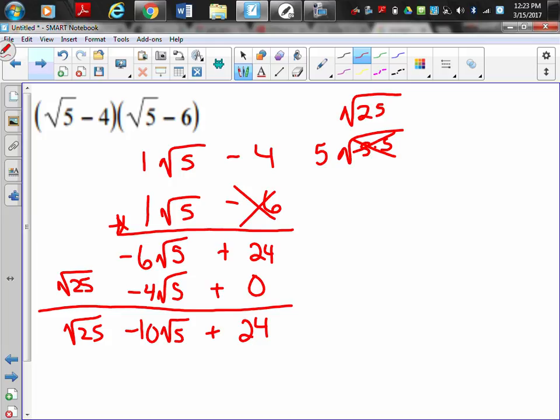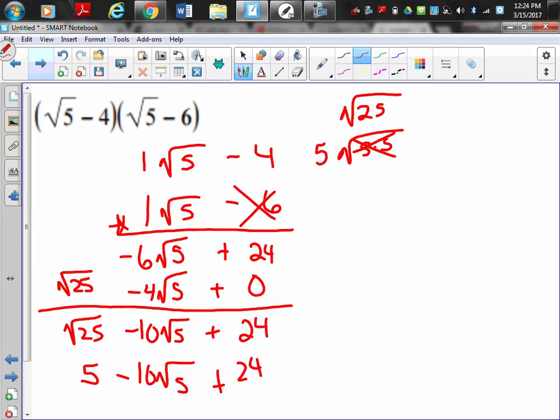So square root of 25 is the same as 5. Positive 24, just bring it down because there's no radical with it.